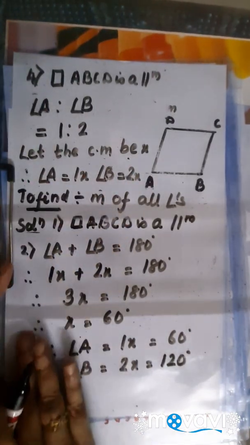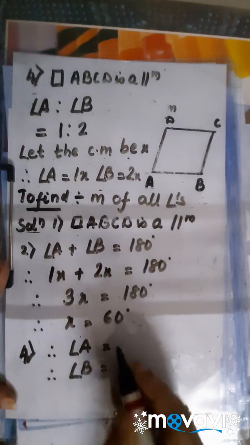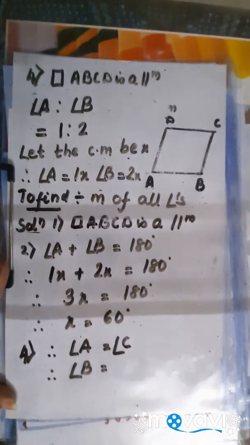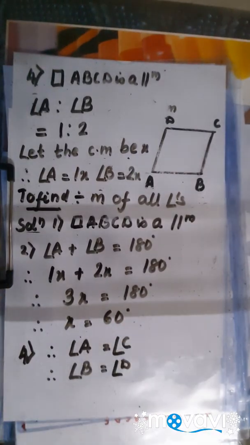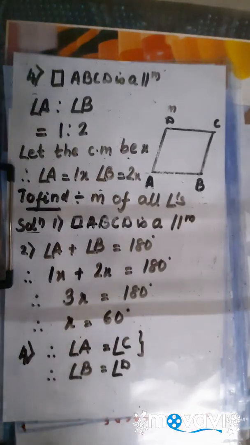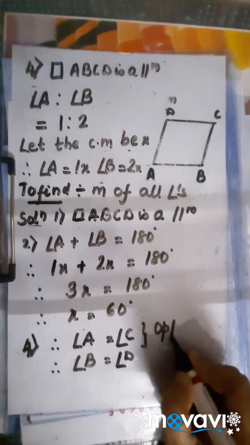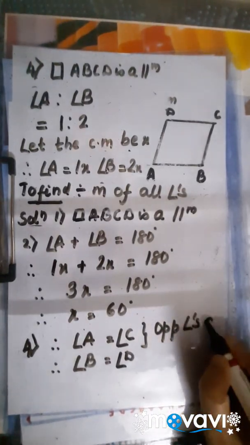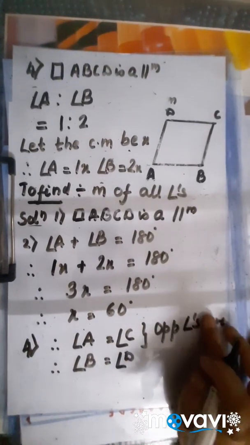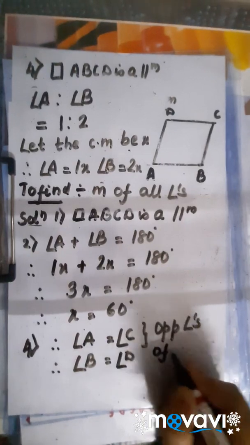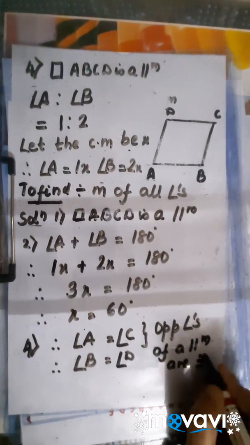Very nice. Okay, so we will say in the fourth statement, angle A is equal to angle C, and angle B is equal to angle D. What is the reason? The reason is that opposite angles of a parallelogram are congruent.